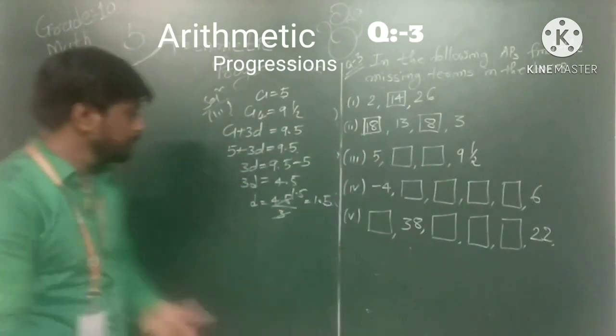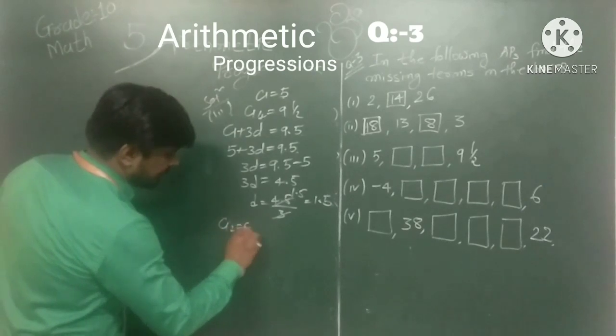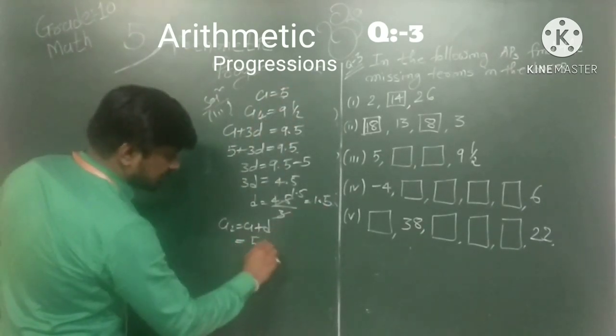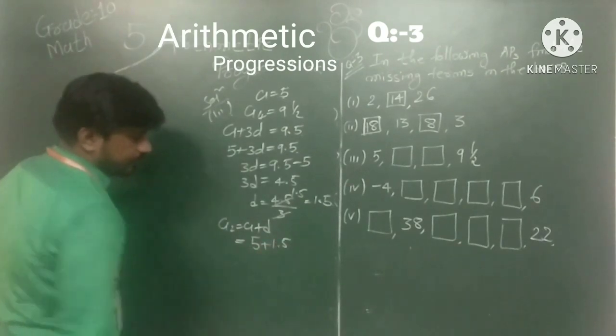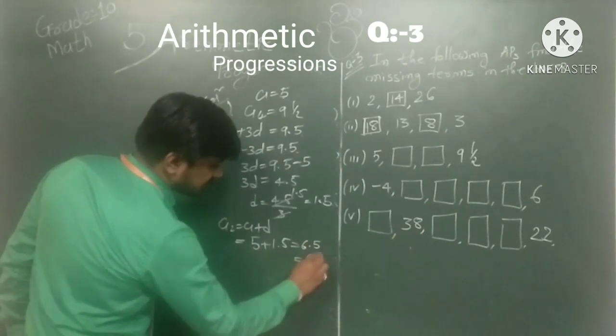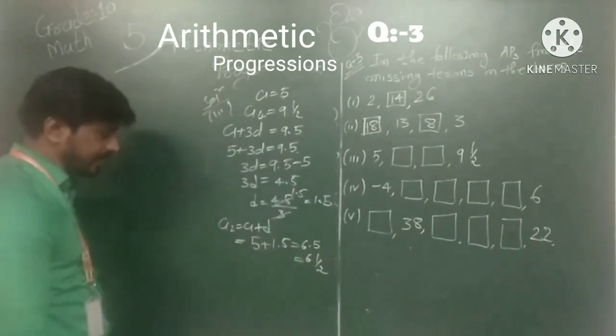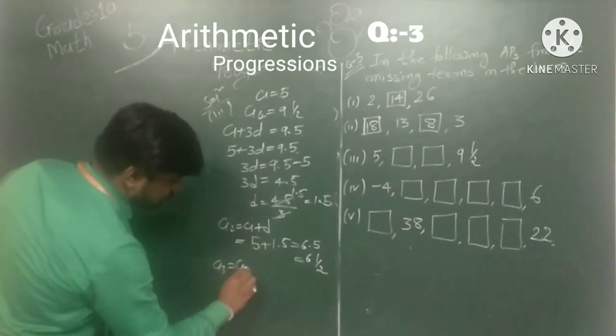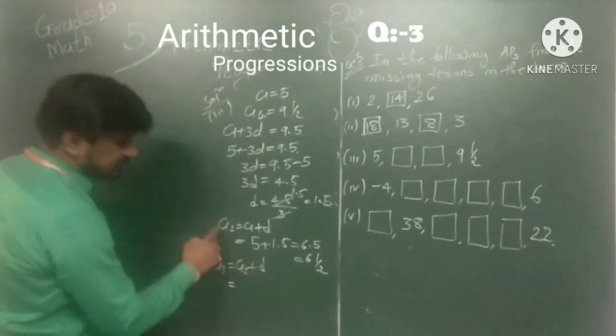Now what is the A2? A2 is equal to A plus D. A is 5 and D is 1.5. Okay, that means 6.5, or you can write 6 integer 1 half, and A3 is equal to A2 plus D. Now what is A2?